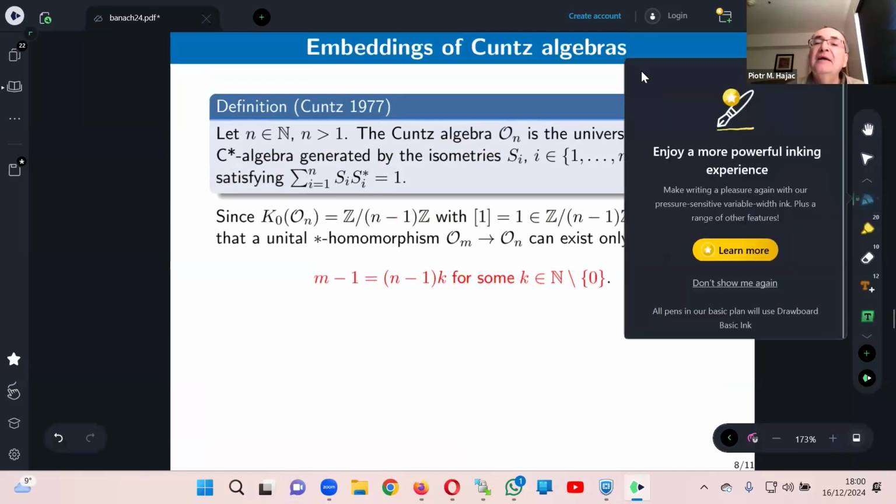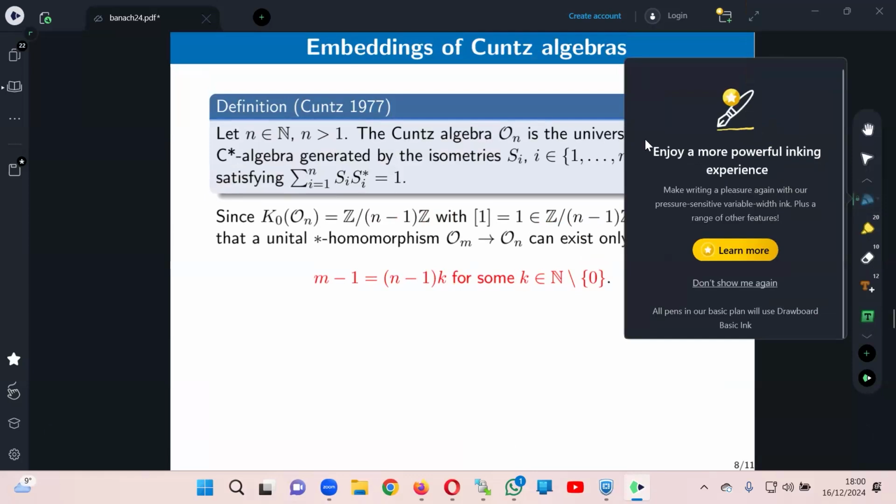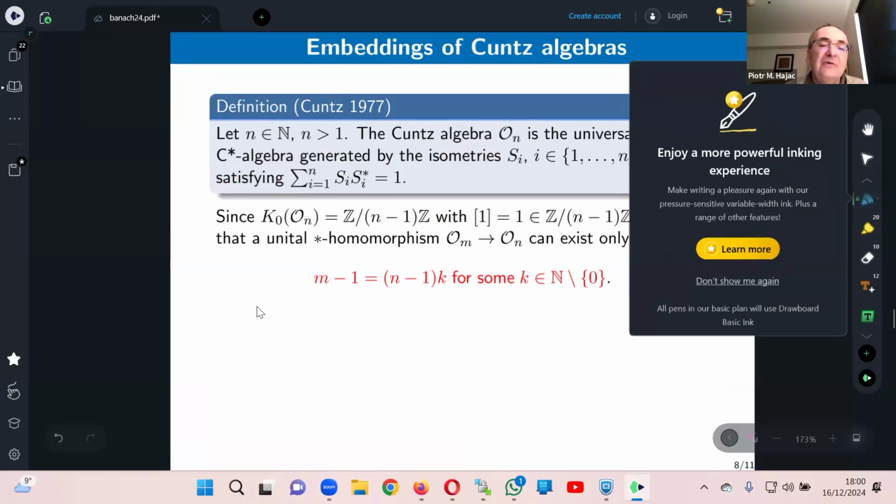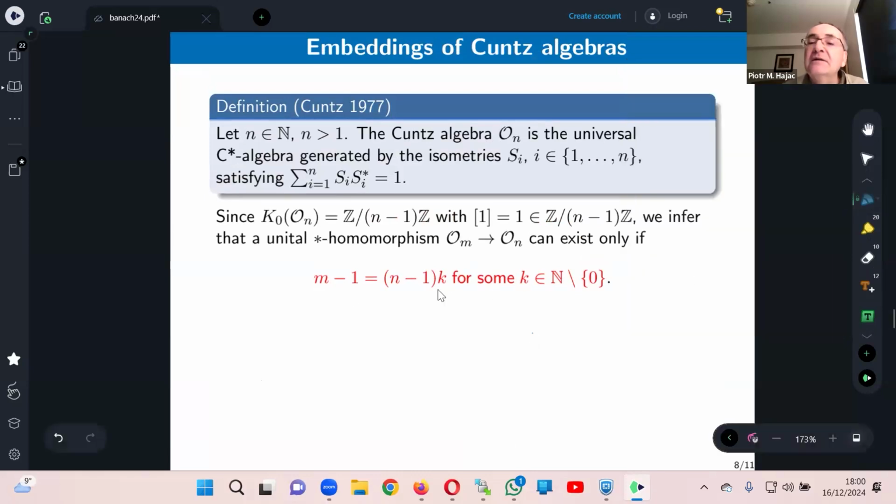Okay, let me just grab a pen. All right. So you see, when you look at this formula, it means that m is equal to (n minus 1) times k plus 1. And instead of writing loops for the diagram of the Cuntz algebra, let me just write edges because it's simpler to draw this way.